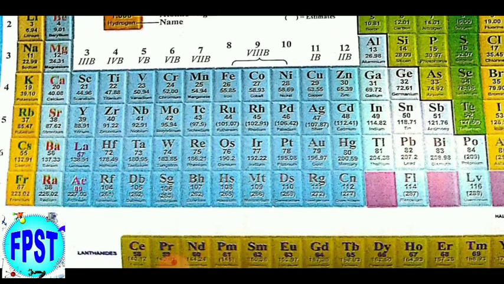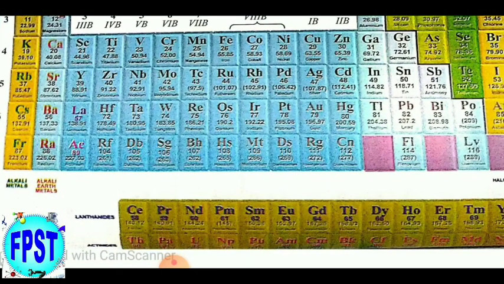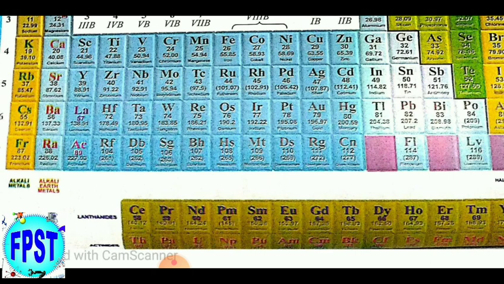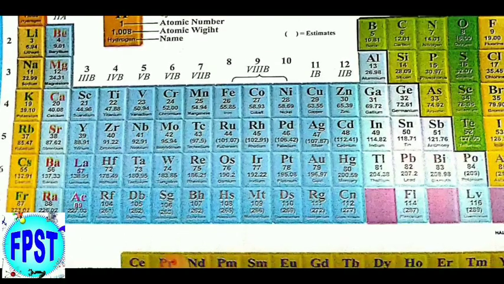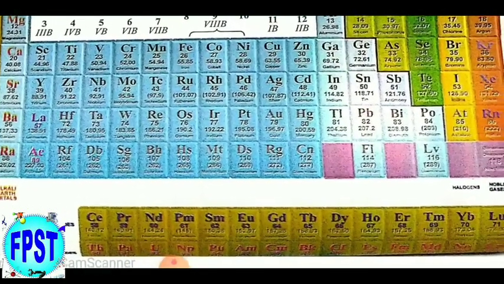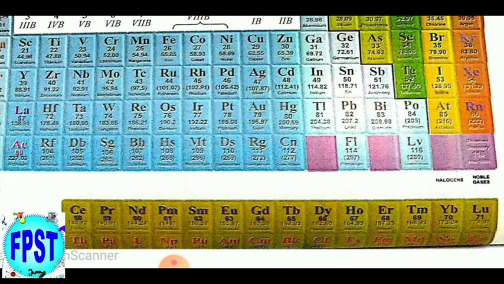The elements after lanthanum in the 6th period are called the lanthanides. There are 14 elements, and the other 14 elements in the 7th period are also kept under the main periodic table. The differentiating electron in these elements enters into the f orbital, so they are called the f block elements.